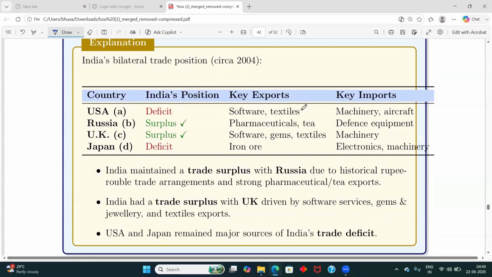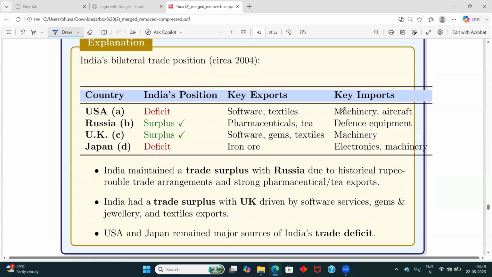Key exports: software and textile with the USA; pharmaceutical and tea with Russia; software, gems and textile with the UK; iron ore with Japan. Key imports: machinery and aircraft from the USA; defense equipment from Russia; machinery from the UK; electronics and machinery from Japan.